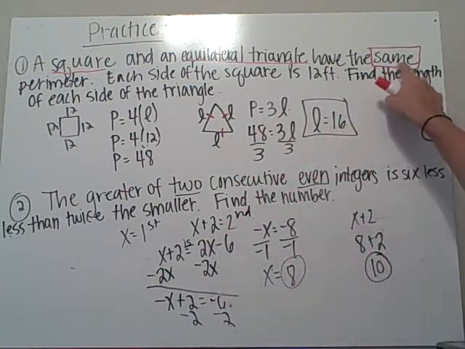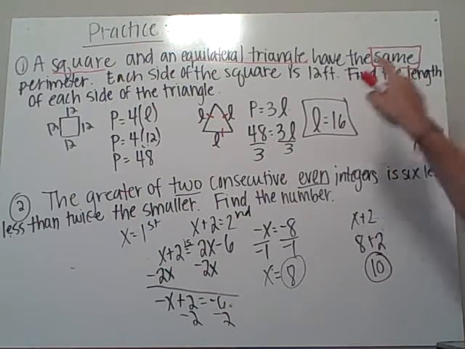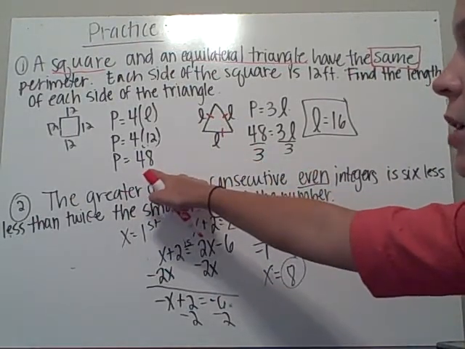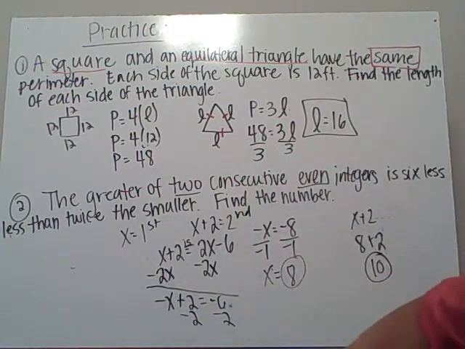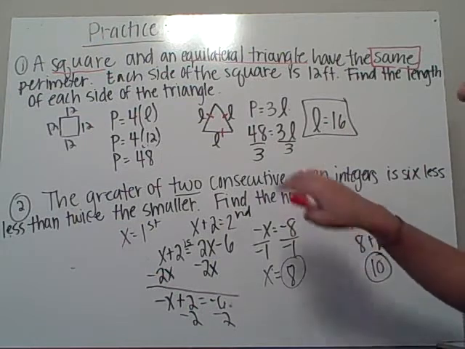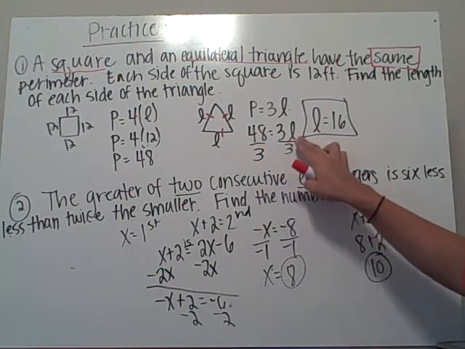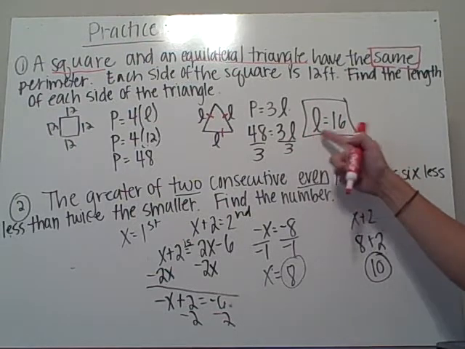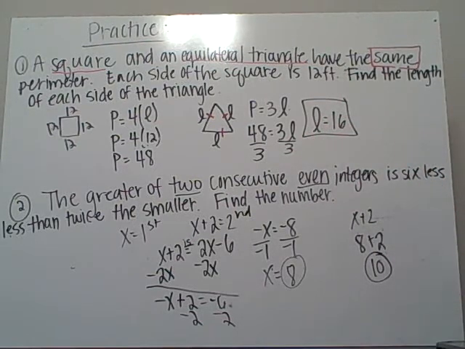Now, we were told that the perimeter was the same. So I can substitute the 48 from the square as the perimeter for the triangle. So now we have a one-step equation. 48 equals 3L. This is multiplication, so we divide. So the length of each side of the equilateral triangle is 16.